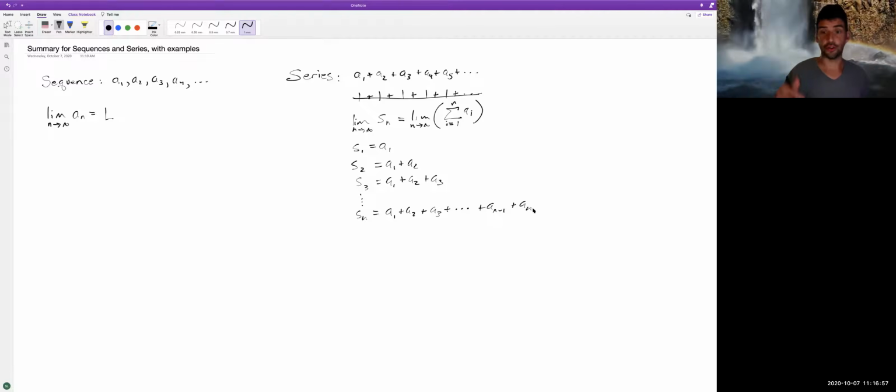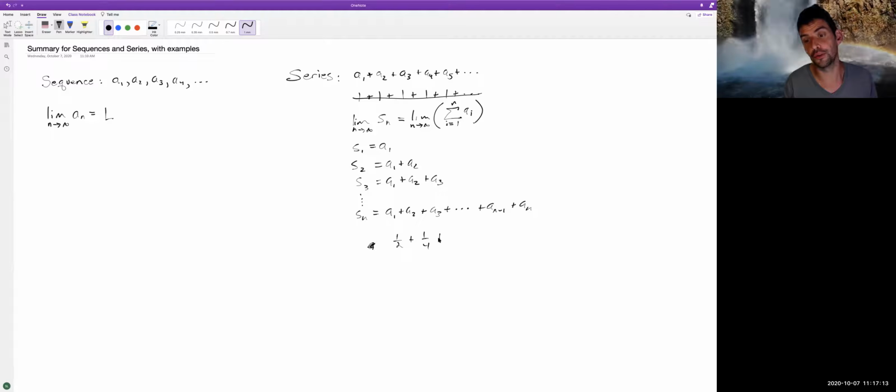If these numbers are getting closer and closer to something, then we say the series converges. So if we're adding, let's say, 1/2 plus 1/4 plus 1/8 plus 1/16, and on and on, and I look at the partial sums, the first is 1/2. 1/2 plus 1/4 is 3/4.